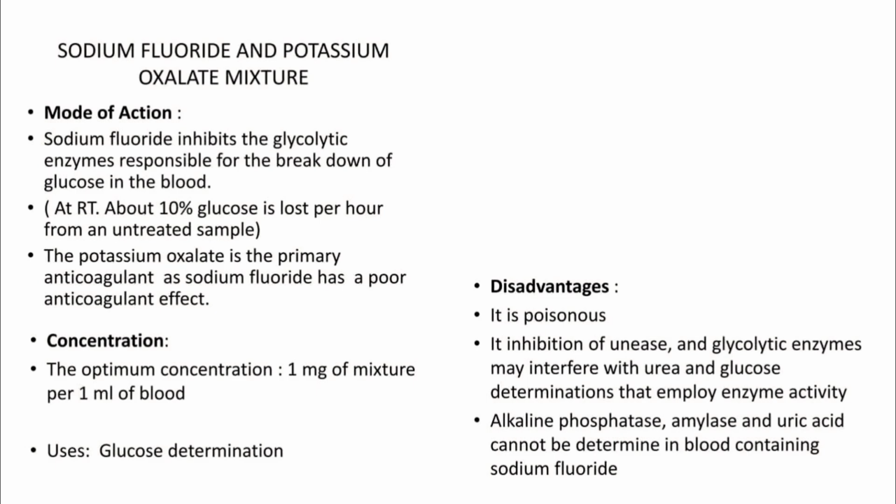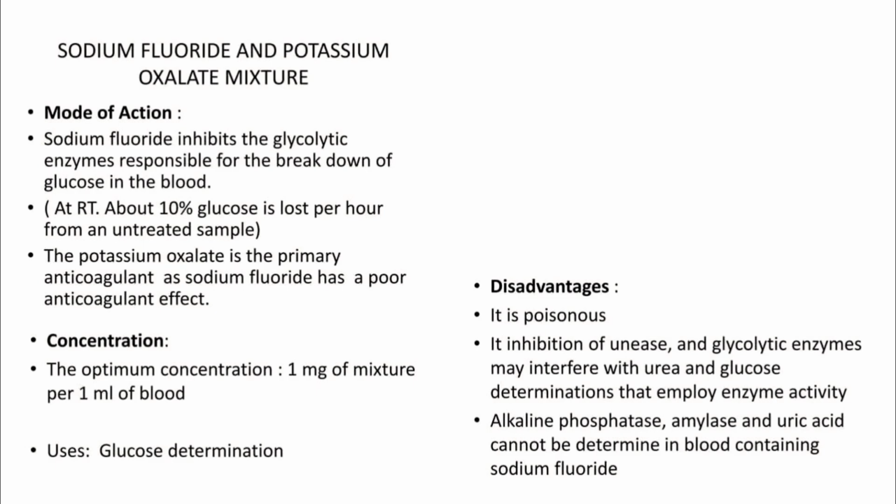Its mode of action: sodium chloride inhibits the glycolytic enzymes responsible for the breakdown of glucose in the blood. At room temperature, about 10% of glucose is lost per hour from an untreated sample. Potassium oxalate is the primary anticoagulant, as sodium chloride has a poor anticoagulant effect.